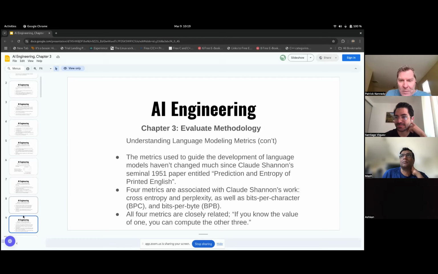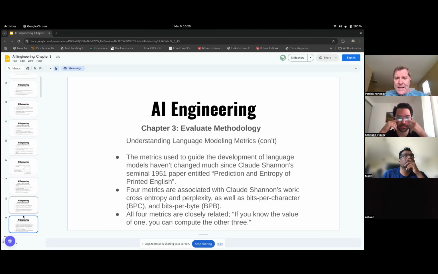One of the big giants of artificial intelligence, whose ideas and theories are very seminal, is Claude Shannon. He published a 1951 paper entitled Prediction and Entropy of Printed English. It was very groundbreaking, and to a large extent, these concepts are still used in machine learning and AI.